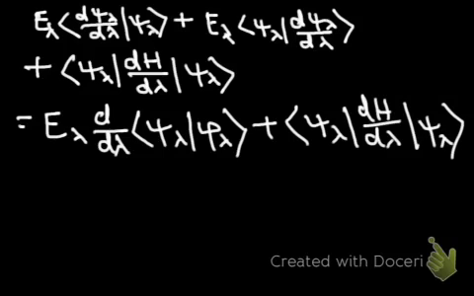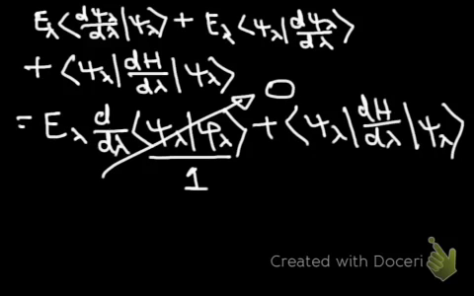Now remember that our wave functions are normalized, and if they're normalized, then this inner product over here is equal to 1. And if this inner product is equal to 1, then the derivative with respect to lambda of a constant is simply 0. It vanishes. And if that vanishes, this whole first term over here will vanish, and I'll only be left with this second term over here.